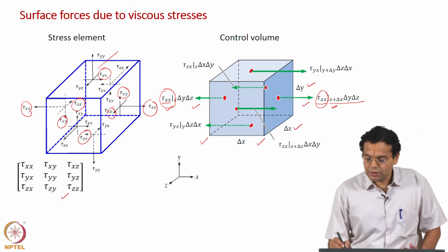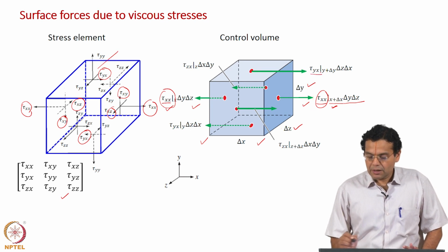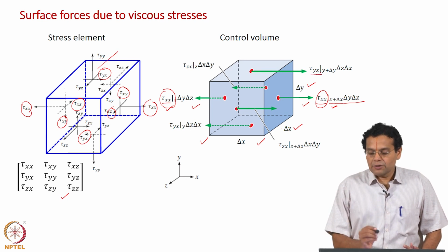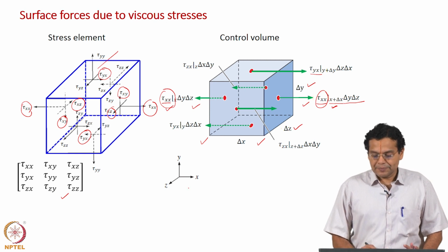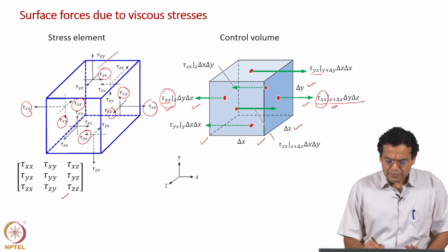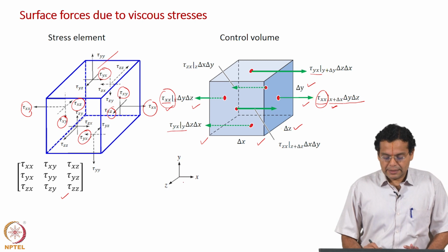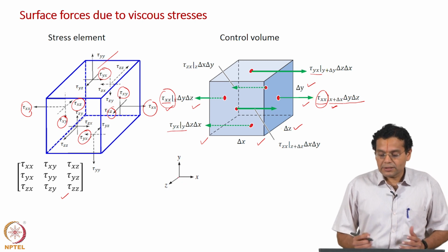Now, that is what is shown here. On the top face we have tau yx, and because it is a positive face, the force is along the positive x axis, and on the negative y face, the force is shown along the negative x axis. Now, what is the difference?